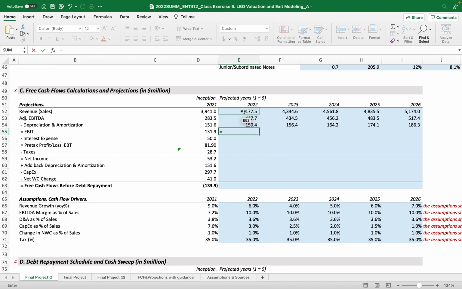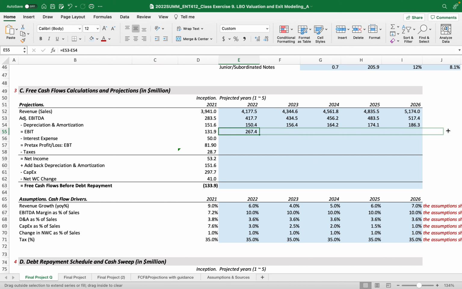How to get it? The EBITDA minus depreciation and amortization. So we have the EBIT, and then let's just drag.